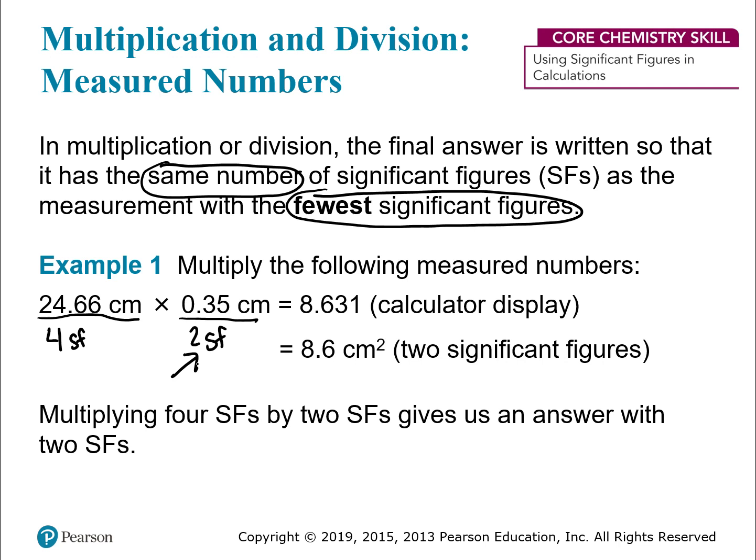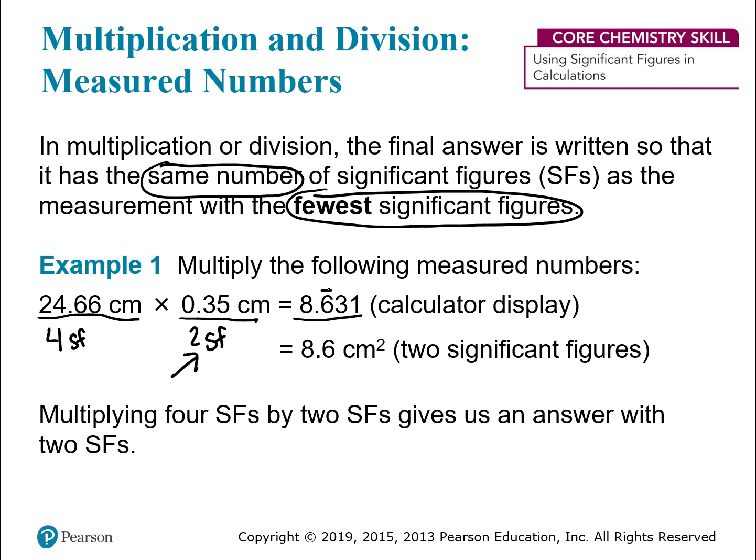When you do the multiplication, your calculator doesn't care about sig figs. It will give you all the numbers. It won't tell you units, and it won't tell you sig figs. It will just give you whatever the answer is. You will need to say, okay, I need 2 sig figs, so that means that I'm going to have to round this 6. Let me look at the 3.